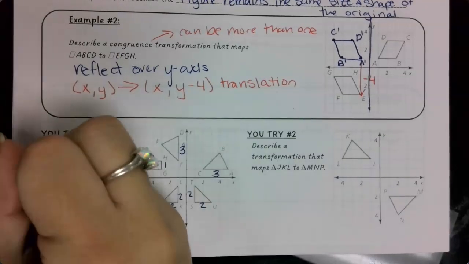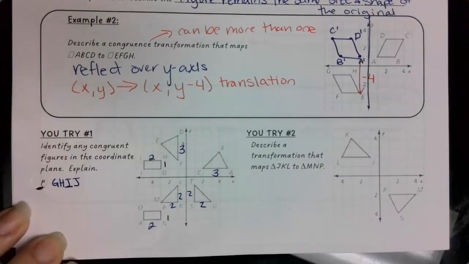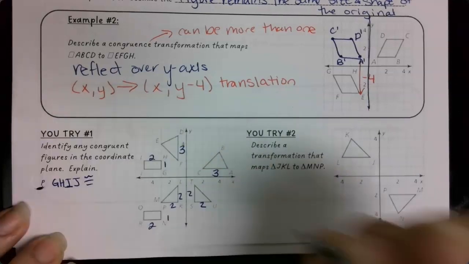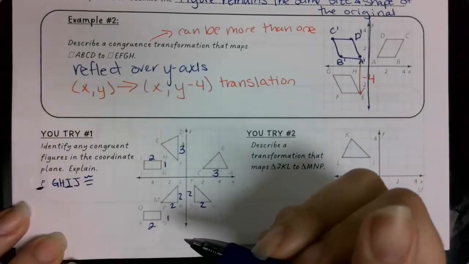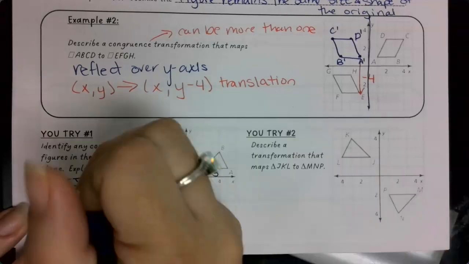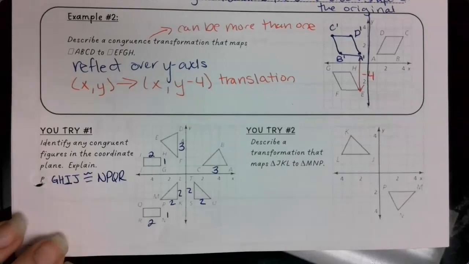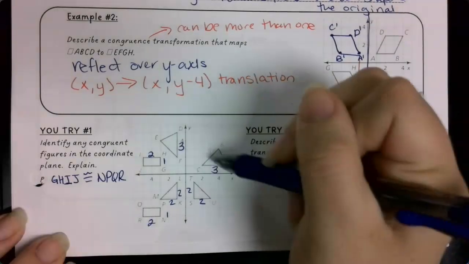I have GHIJ is going to be congruent to the other rectangle, which is NPQR. Then these two triangles appear to be congruent.